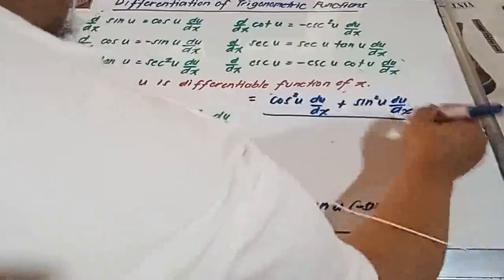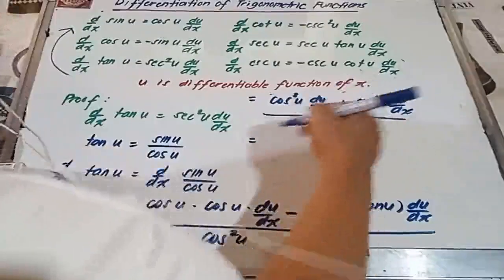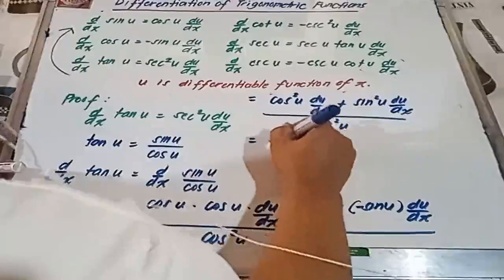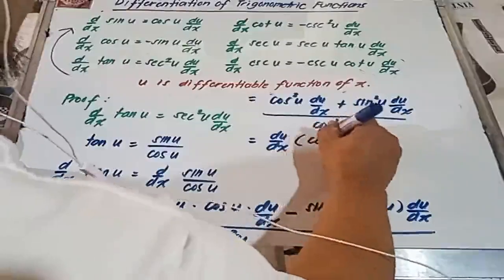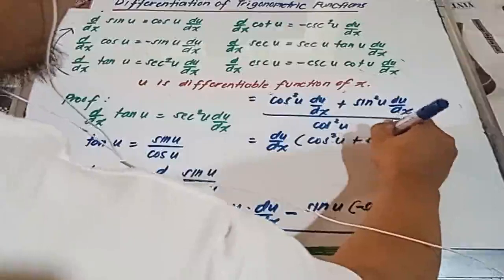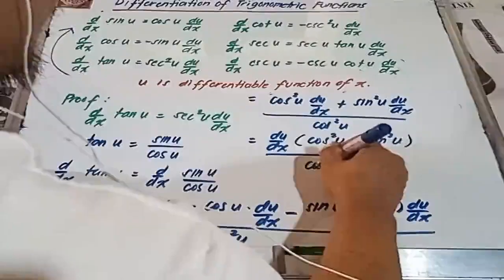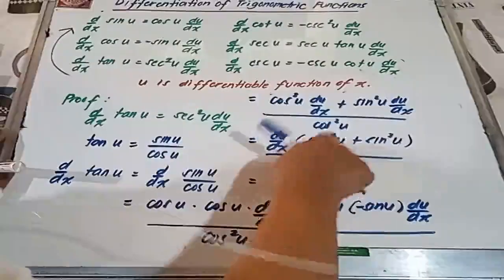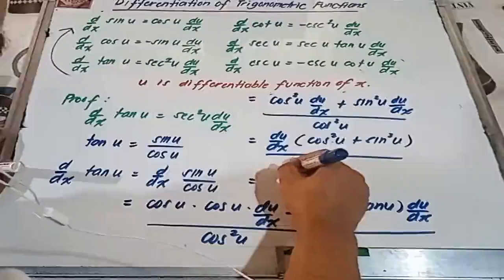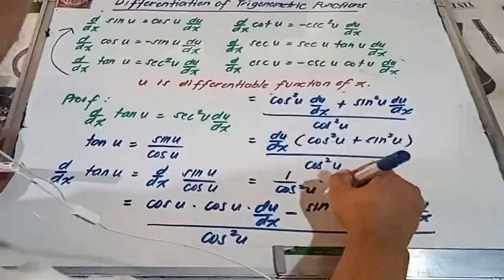Then, we can use the identity. Let's factor out du over dx first. Cosine squared u plus sine squared u over cosine squared u. And using our identities, this is equal to 1. Okay? So, we have 1 over cosine squared u times du over dx.